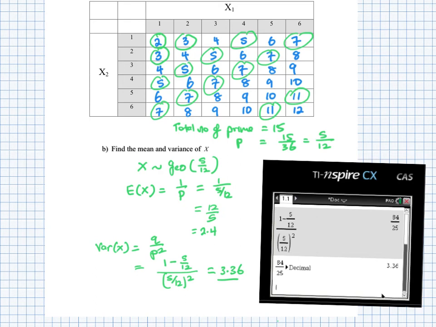There you go. This is how we find the mean and variance of a geometric distribution.